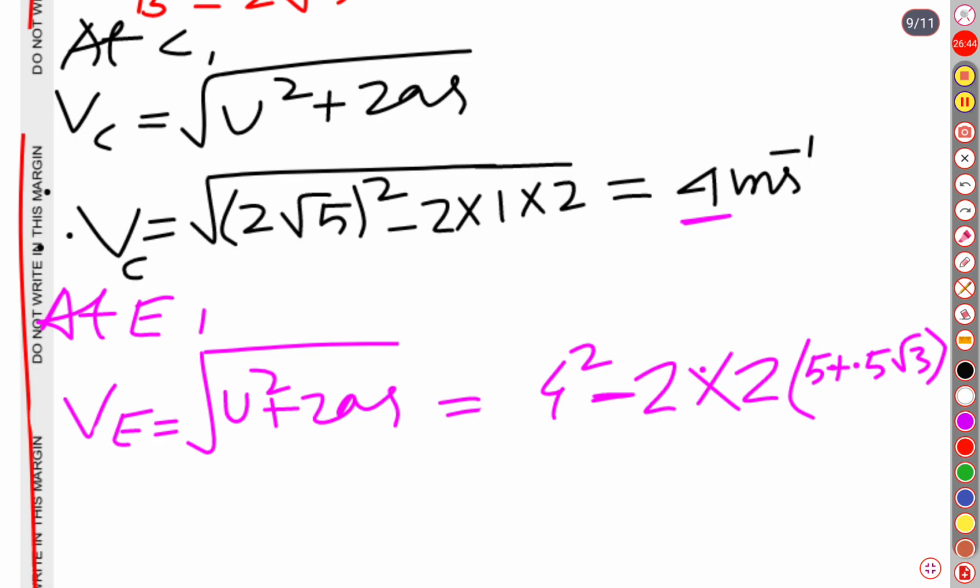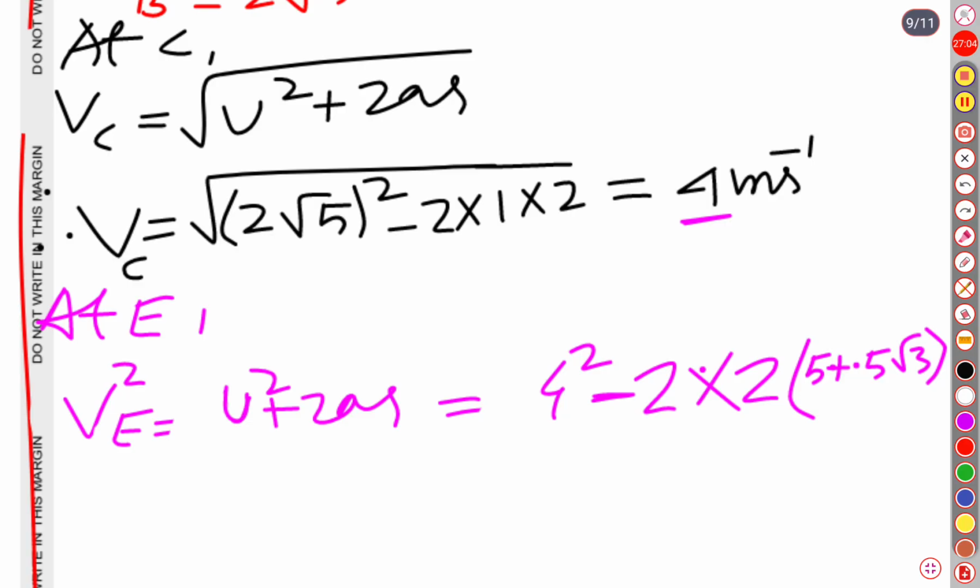So it is going to be v squared, sorry. Yes, the concept is v squared equal to u squared plus 2as.